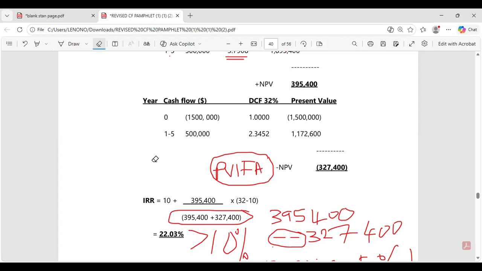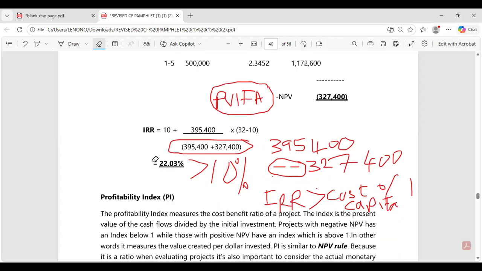Maybe just to clarify: for IRR, you accept the project if IRR is greater than the company's cost of capital.